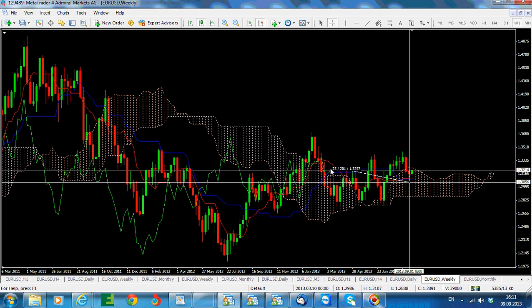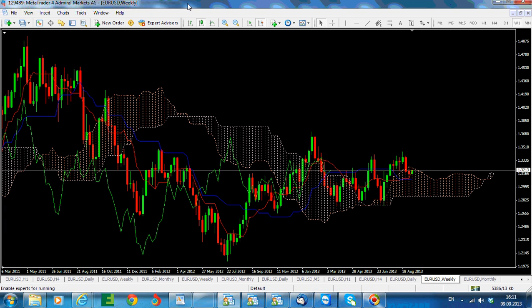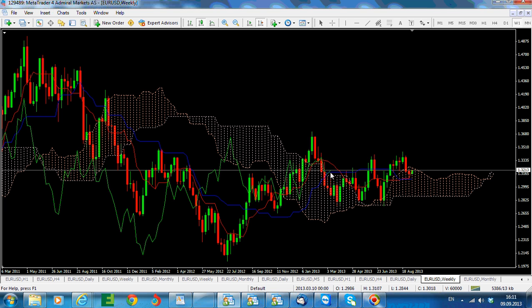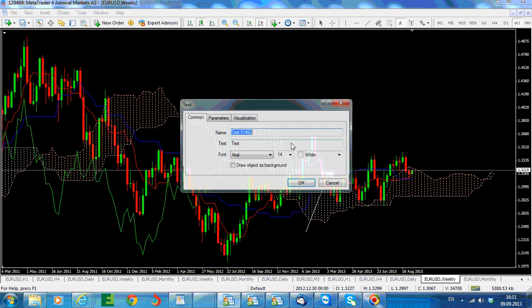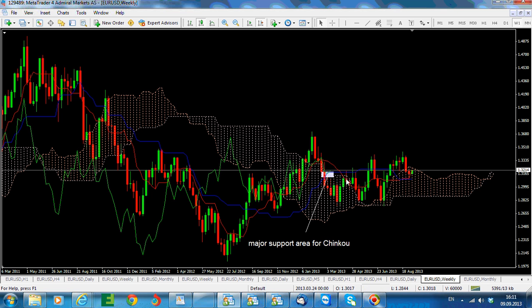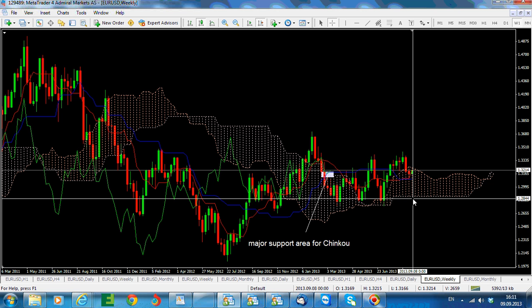And if you move 26 periods back, you are seeing that actually the Chinkou is finding itself at a major support area on the weekly chart, okay? So this is a major support area for Chinkou, and this major support 26 periods back should translate into bullish price action at the current levels.